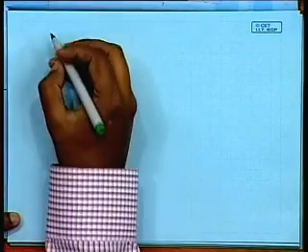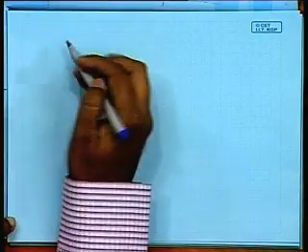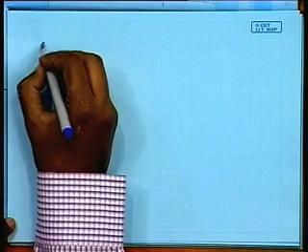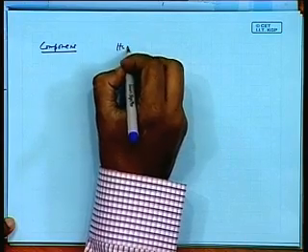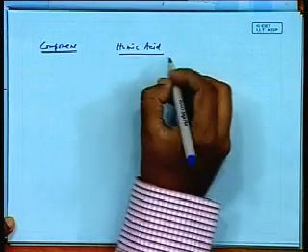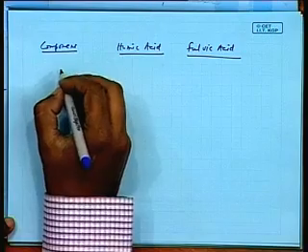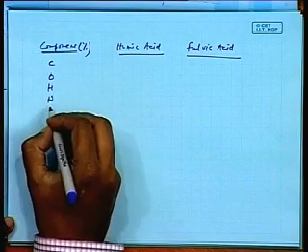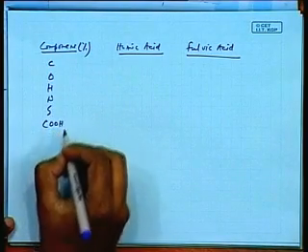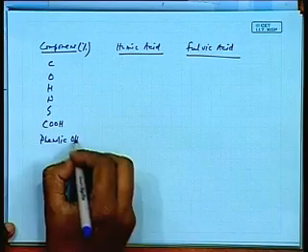Here you see the average chemical composition. I will make this somewhat detailed. Components: humic acid, fulvic acid, percentage of carbon, oxygen, hydrogen, nitrogen, sulfur, COOH as a radical, and phenolic OH.